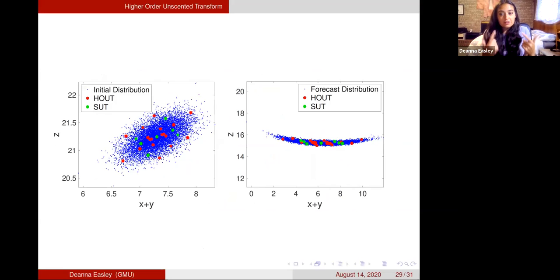And now recall this from earlier when we were talking about summarizing distributions for forecasting problems. The green points here are the unscented transform nodes, while the red ones are our nodes. You can see here how the red points are capturing the full envelope of the distribution, while the green points are missing a lot.